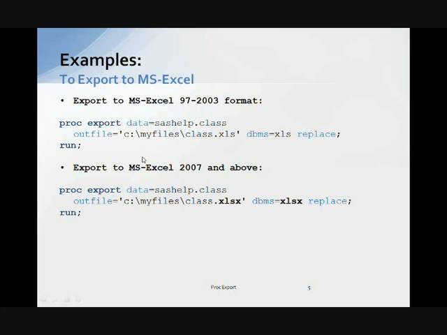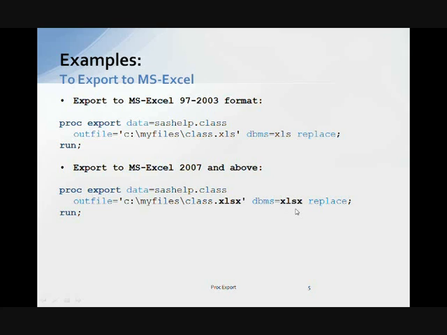Now if you have to export it to the Excel spreadsheet which is there with you from MS Excel 2007 and above, in those cases you have to provide .xlsx as the extension, and the DBMS identifier is now changed to XLSX.